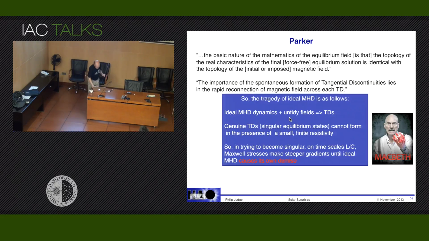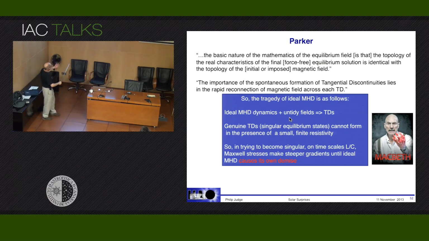So what does this mean? Here's the tragedy of MHD. It's very straightforward. The tragedy is simply that ideal MHD dynamics, in the presence of untidy fields, in a low beta plasma, leads to the formation of tangential discontinuities. But these things can't form in the presence of a small finite resistivity.